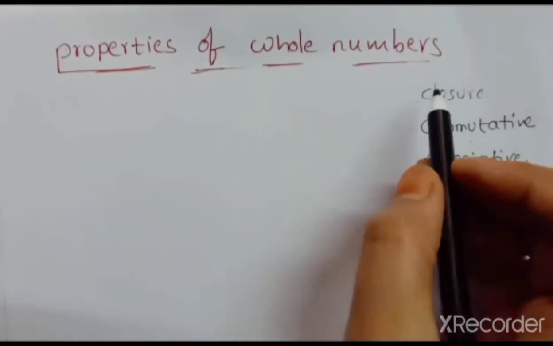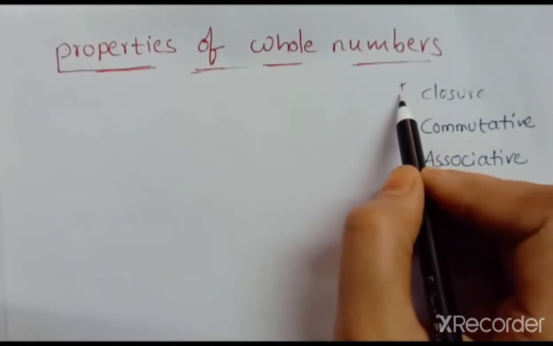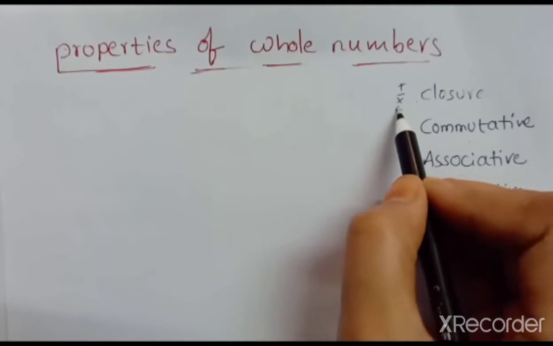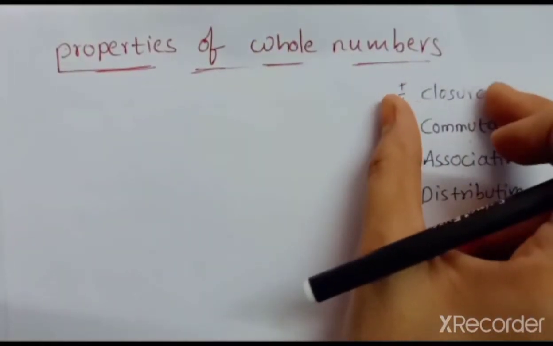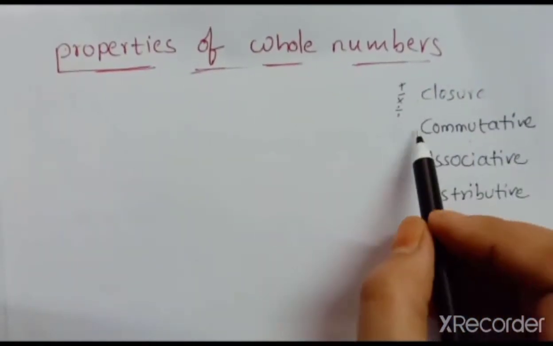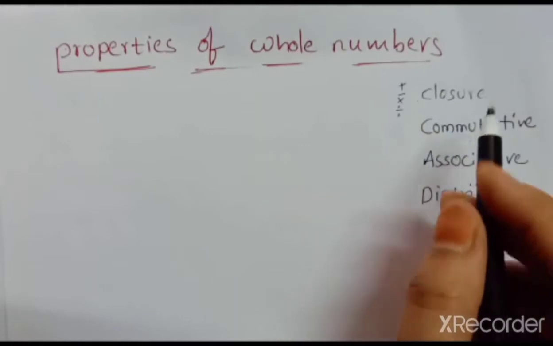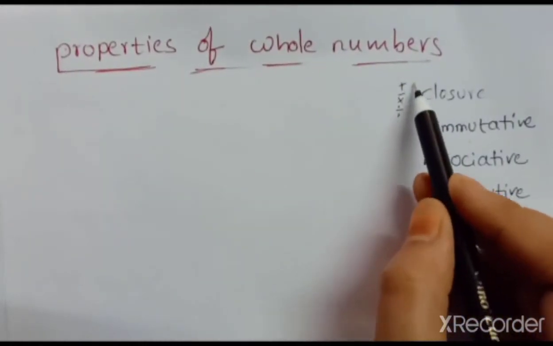That means we are going to see addition, subtraction, multiplication and division, and whether the closure property is applicable for whole numbers or not. In the same way, whether the commutative property is applicable for whole numbers or not. By using these four operations we can see.